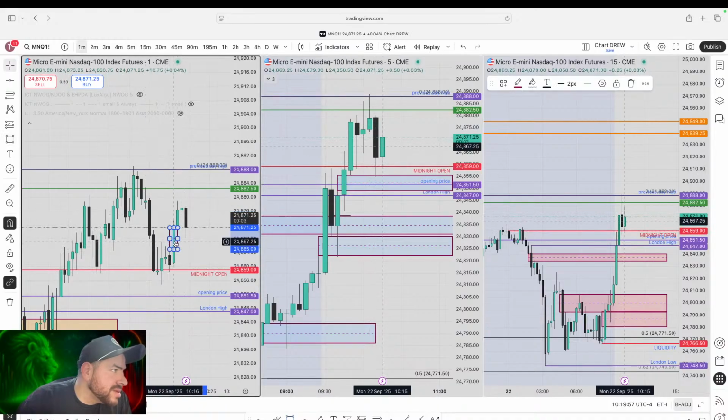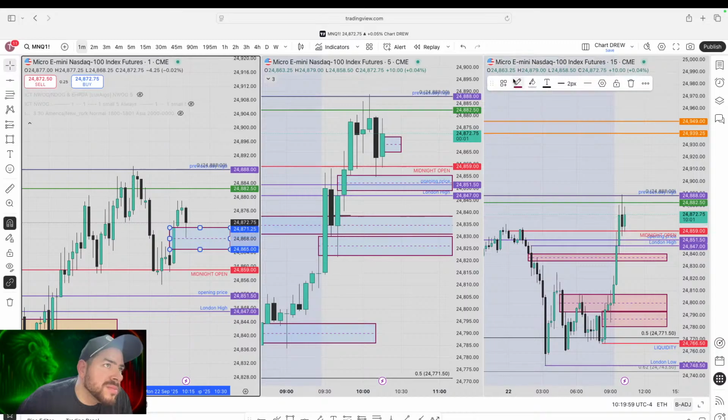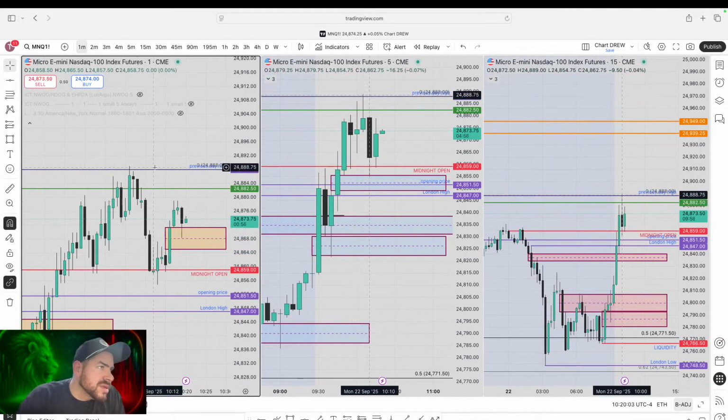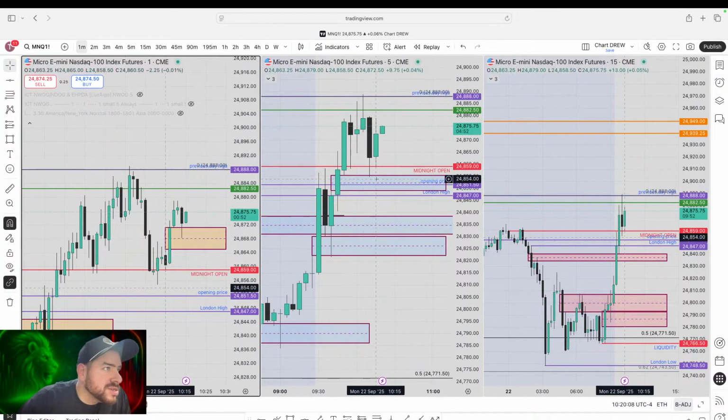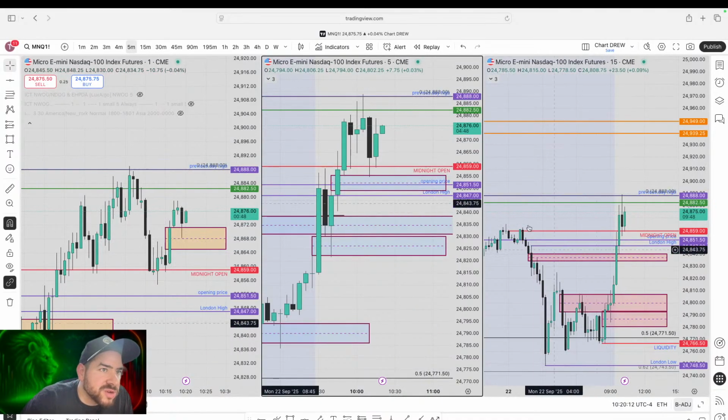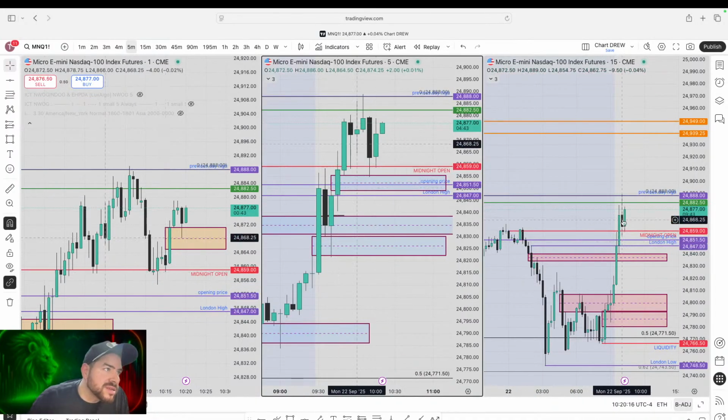I want the 5 minute. I'm not trading off the 1 minute per se. I'm trading off the 5 and 15 minute, and the 1 minute for the lower time frame confirmation. It's more of a confirmation. The lower time frame is a 1 minute. 5 and 15 is just, that's what I'm trading. That's what I want to trade. I need to see it clearly on the 5 and 15. If I don't see it clearly, then I can't take it.